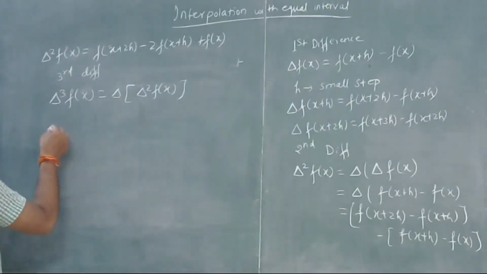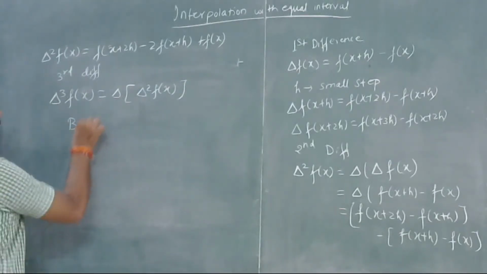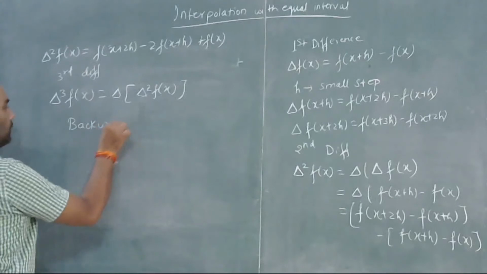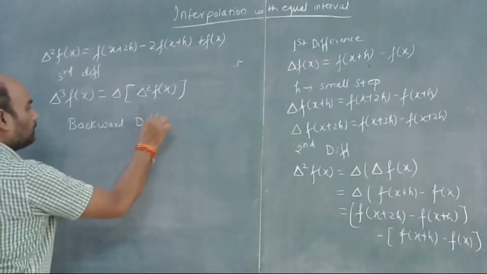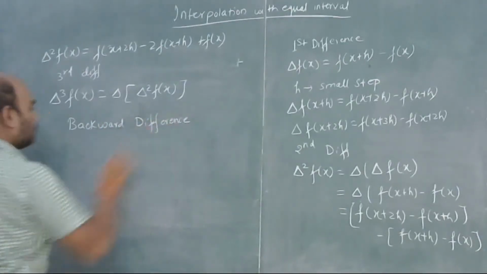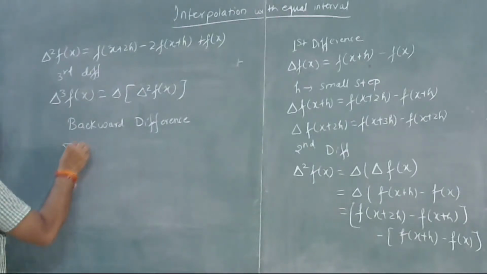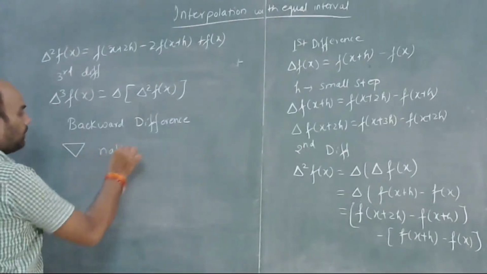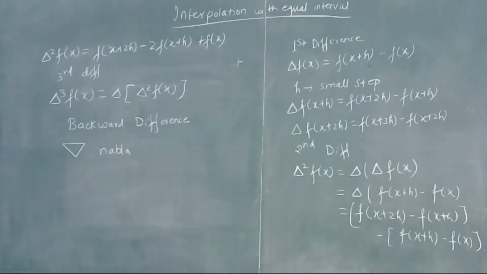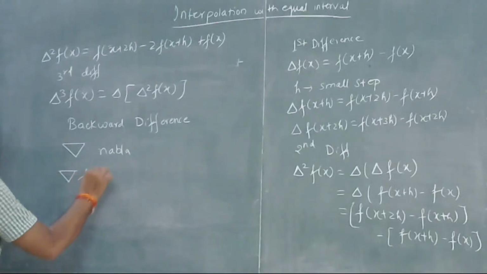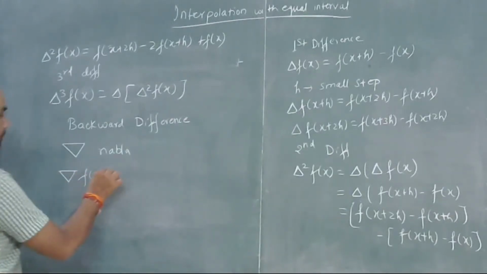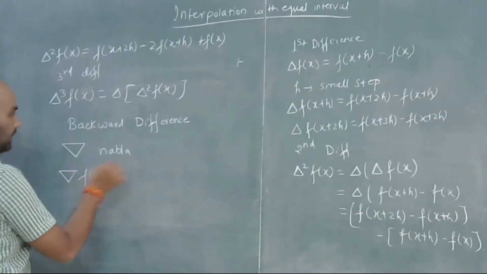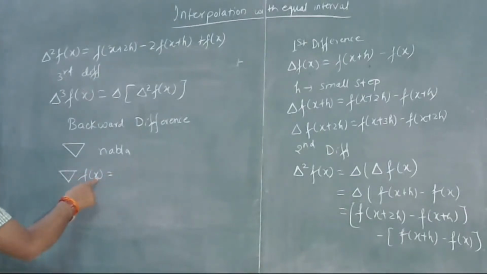Next, backward difference. It is denoted by this symbol, also known as nabla. Backward difference of f of x will decrease the value of x by h.